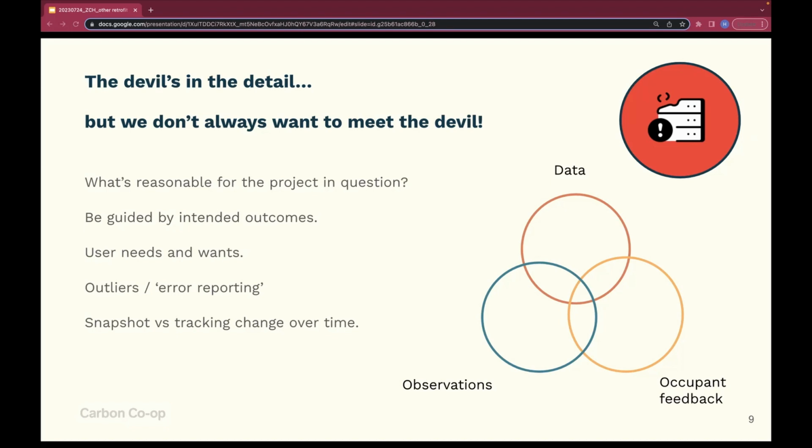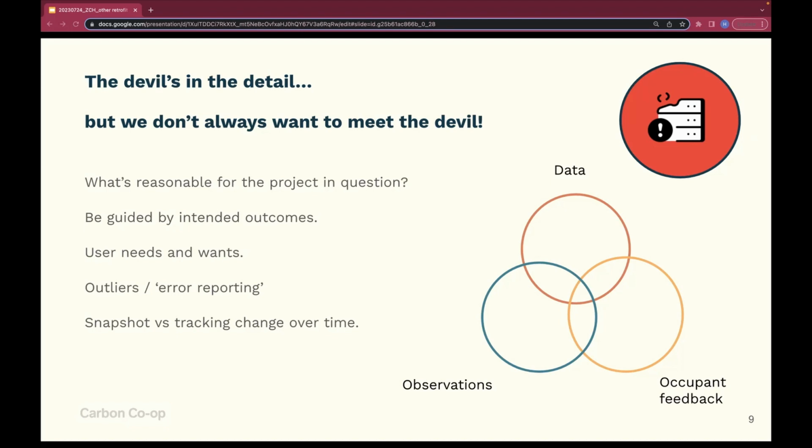Indications for the house as a whole can be very helpful at confirming your assumptions. Averages are useful, I think. If you triangulate your own observations, some occupant feedback and some data, that can be really helpful at joining the dots. We tend to take an approach where we look for outliers. It's an error reporting approach.